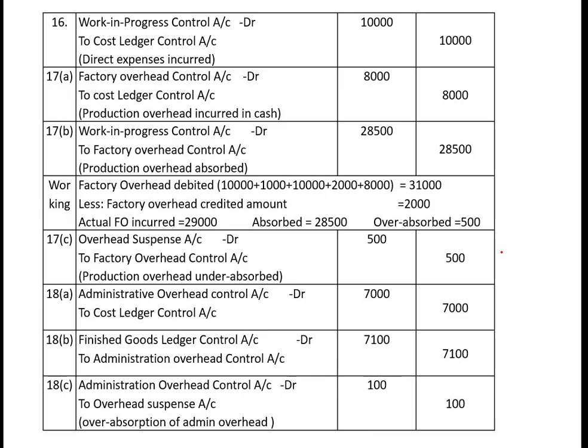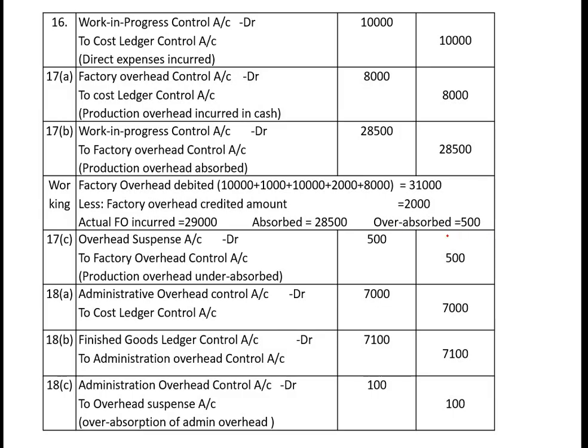The sum of all these expenses, that is the debit side of factory overhead, that is 31,000, and less factory overhead credited amount, that is the material return to the store. After deducting that we are having 29,000. So actual factory overhead incurred is 29,000, but we have absorbed only 28,500.